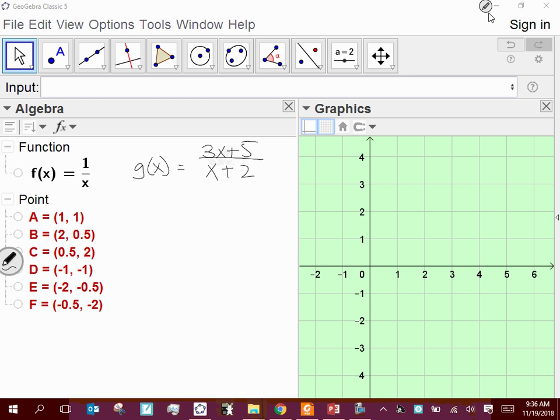Okay, so this one's a little bit different than the last one in that now the numerator is not just an integer term. It's a linear polynomial on the top and a linear polynomial at the bottom.